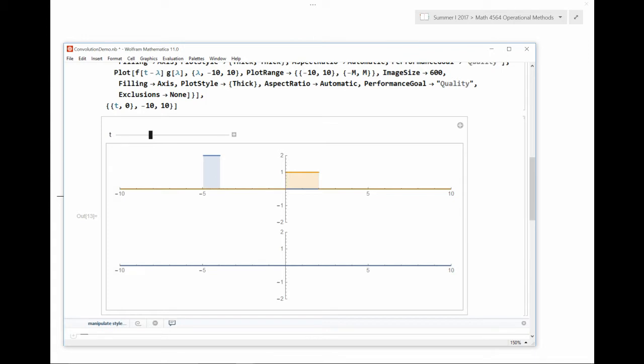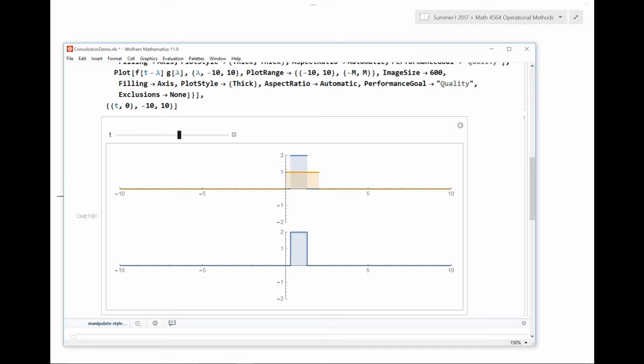When one step is 1 or 2, the other step is 0, and their product is always 0. However, when I start intersecting the steps, that's when the product starts to be non-zero. And the product is non-zero exactly where those functions intersect in their domain, where they are both not equal to 0.